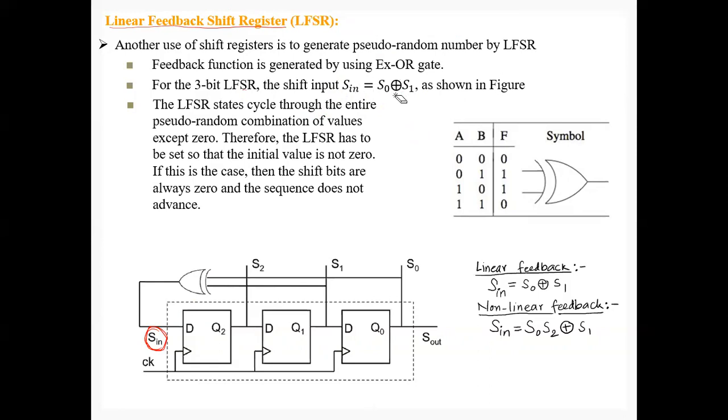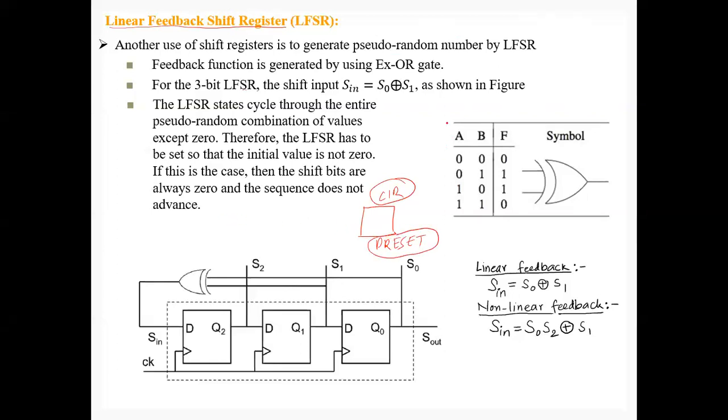But one thing to be careful about is when you start the linear feedback shift register. Remember you have clear and preset buttons, right? You shouldn't start with a clear one. You had better start with the preset one.